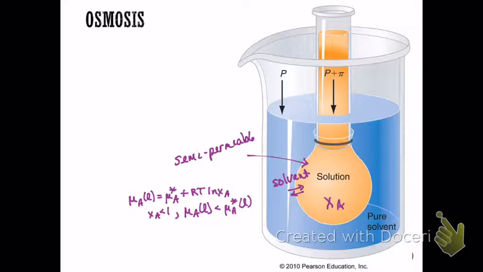And of course, ultimately, the desire is to achieve equilibrium, desire, of course, being anthropomorphic, but the goal is to achieve equilibrium here where the chemical potentials would be the same. So movement of the solvent from outside to inside is progressing in that direction.